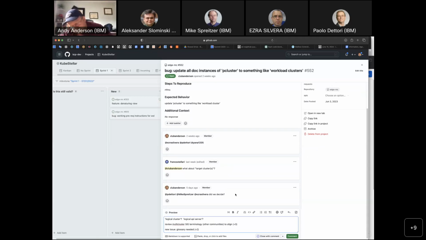But I very much disagree with the idea of looking at other multi-cluster projects for inspiration, precisely because we're trying to talk about only server virtualization. Remember that the KCP workspace is not a cluster. It is a subdivision of an API server. By the way, you could run API and server together.